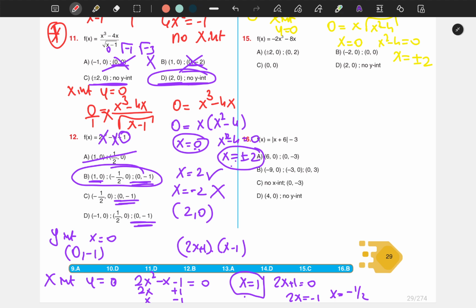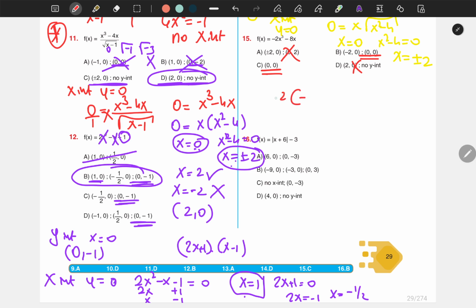Guys, question number 15, let's only go by option. When I replace 0 and 0, if I replace 0, 0 minus 0, 0, it means that those two are eliminated directly. Another one, in x, replace negative 2, you must get the 0. Let me check.